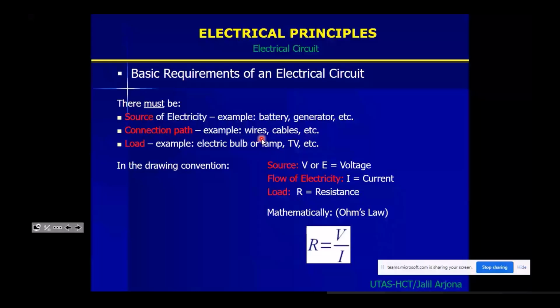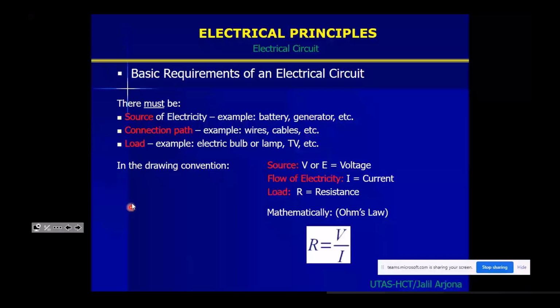You need wires or cable, for example. And there must be a load that will utilize the electricity, for example, an electric bulb or lamp, TV, etc. Now, these three basic requirements of making a circuit can be represented in a drawing convention.